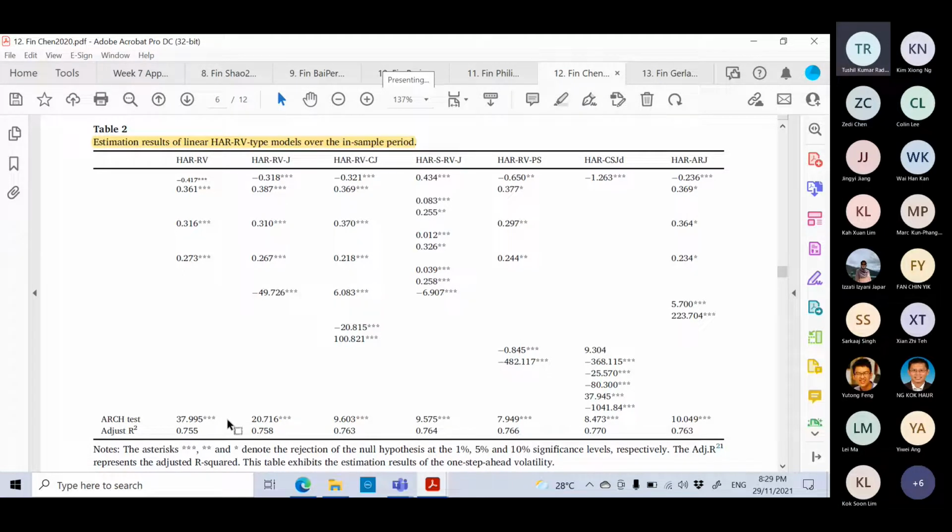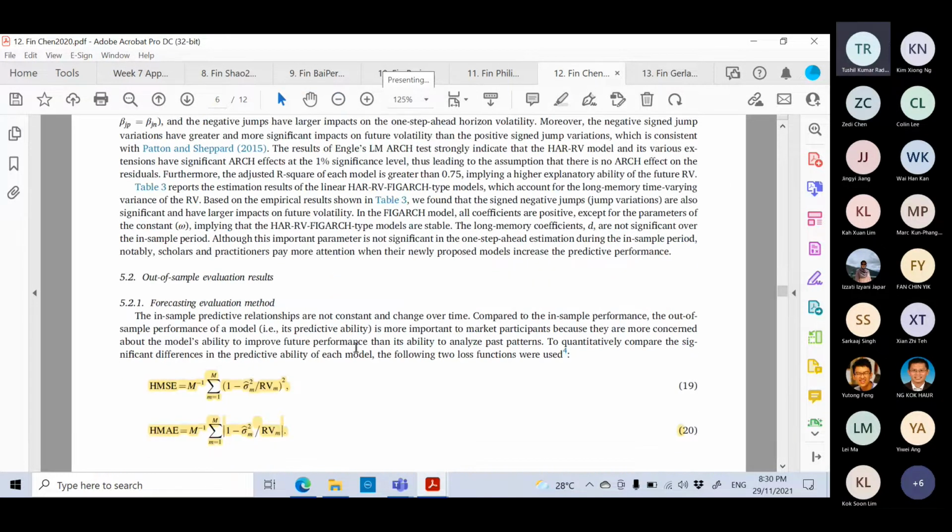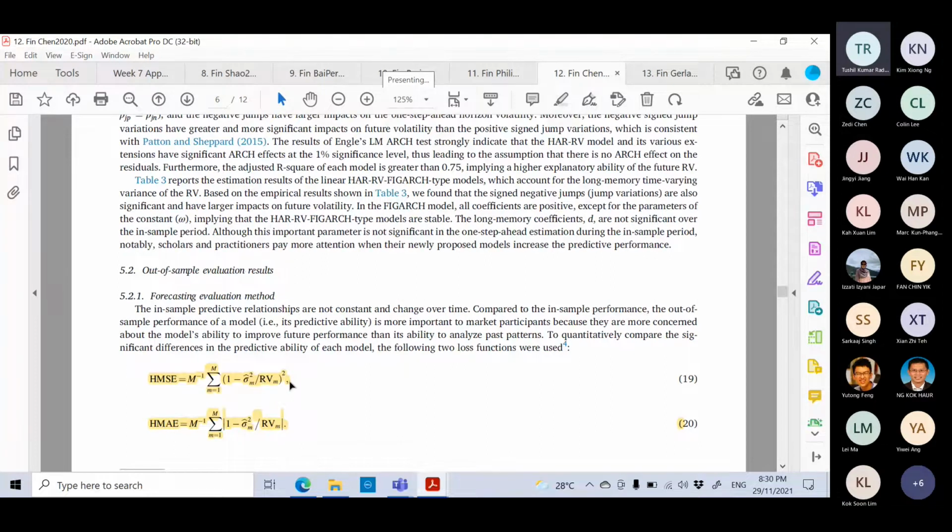Besides that, this is the result of the estimation results here. Then, beside all these things, in this paper they are using the out-of-sample data. They use different loss functions to measure how good their model is compared to the other existing models.